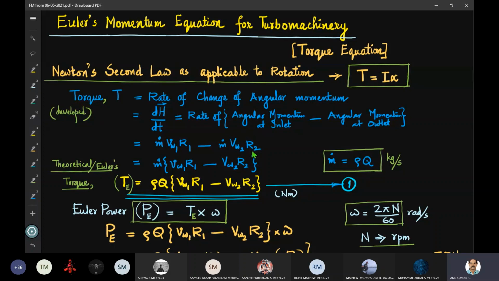Remember, we are considering the general case where unsymmetrical vanes are fixed on a wheel, the jet is impinging on the blades, force is exerted, torque is developed and the wheel is set into rotation. Quantitatively we want to find a theoretical expression for that torque, which is called Euler's torque.